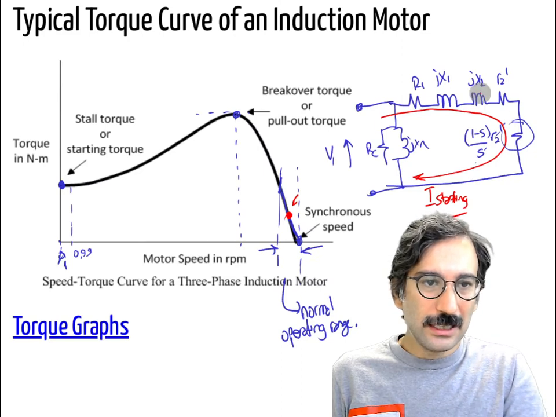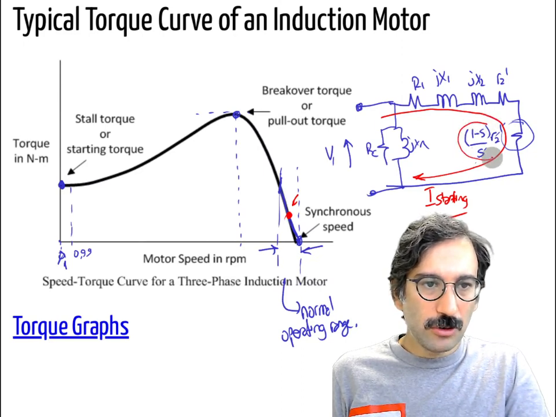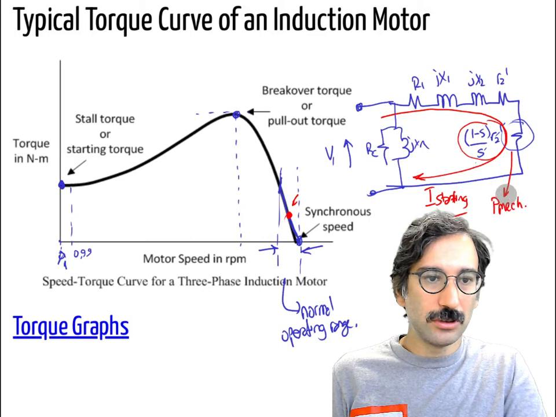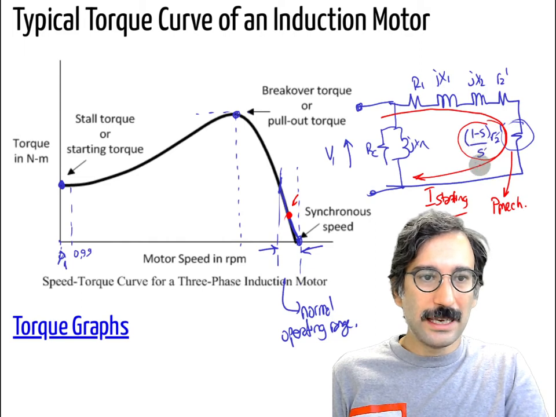Because if that component is small, remember, that is the mechanical power, so the torque is directly proportional to the power dissipated in this component. As the slip is small, so is that component.